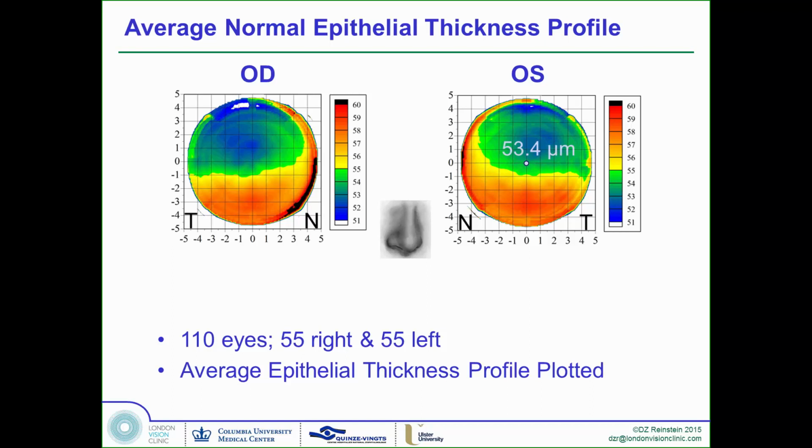Mean thickness was 53.5 microns. There was about a 6 micron superior to inferior difference, and there was about a 1 micron nasal to temporal difference for right and left eyes, which had a mirrored pattern.